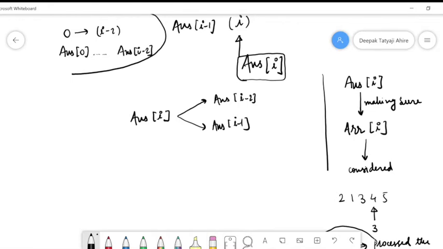So in the first case, what I can do is I can blindly add the value at the ARR of I. And why I am doing this is because to consider the value at ARR of I, I need to make sure that the value at the index I minus 1 is not considered.